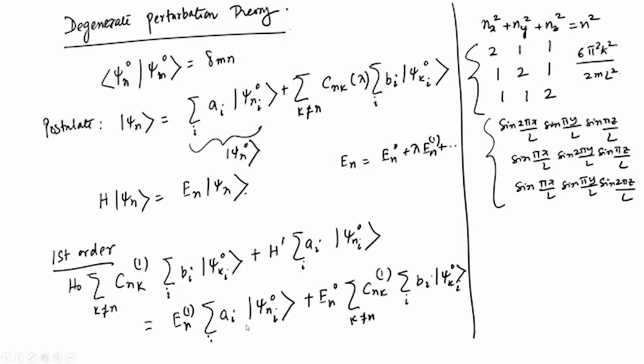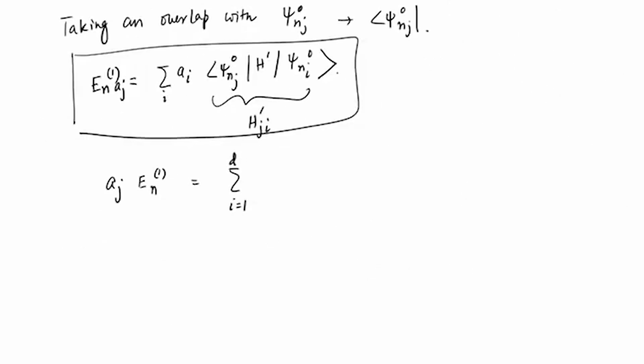So this is the first excited state. So this is i equal to 1 to D, and we have A_i and H'_ji. That is a matrix element that has to be considered, and the sum over i runs from 1 to D, where D denotes the degree of degeneracy.